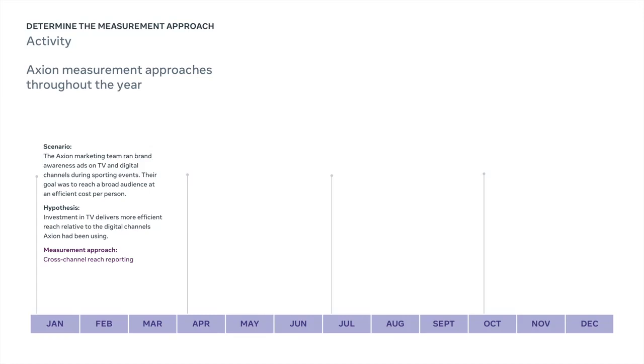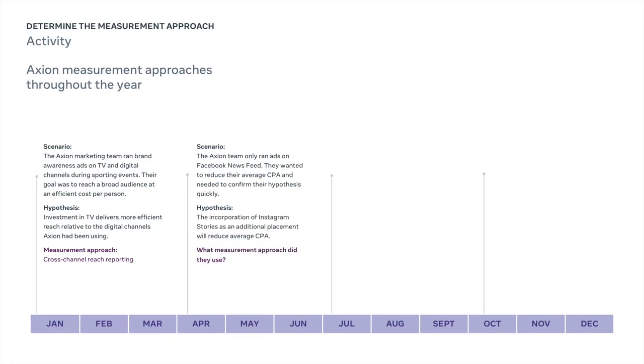They had a goal to reach a broad audience at an efficient cost per person. Their hypothesis stated that TV delivers more efficient reach relative to the digital channels Axiom had already been using. In this case, cross-channel reach reporting was the measurement approach they used to test their hypothesis.